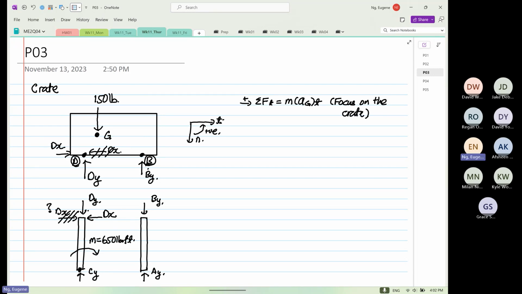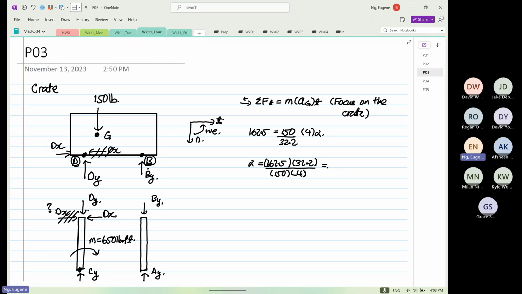So dx we calculated using static analysis is 162.5. So the mass is equal to 150 divided by 32.2. aGt we know is 4 alpha. So from here, alpha is equal to 162.5 multiplied by 32.2 divided by 150 and divided by 4.